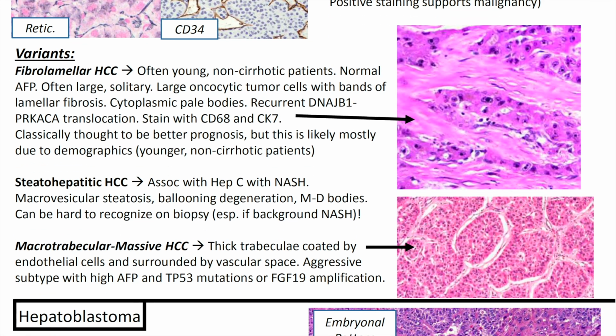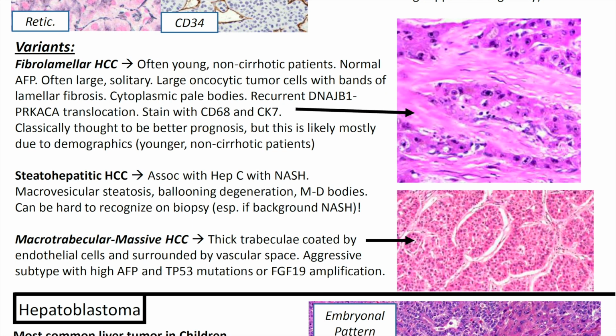And again, I'm not going to go over all of the variants, but I guess I will mention fibrolamellar hepatocellular carcinoma, because that seems to pop up often on tests or just in discussion of liver neoplasms. So fibrolamellar HCC often occurs in young, non-cirrhotic patients, and you'll have a normal alpha fetoprotein level, and it's often a large solitary lesion.